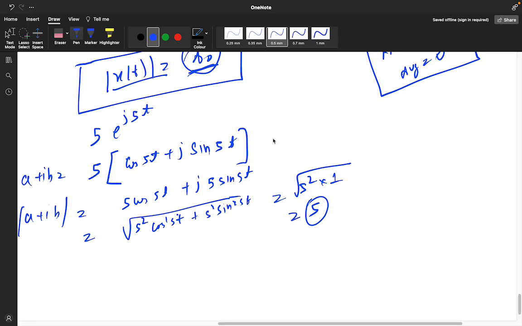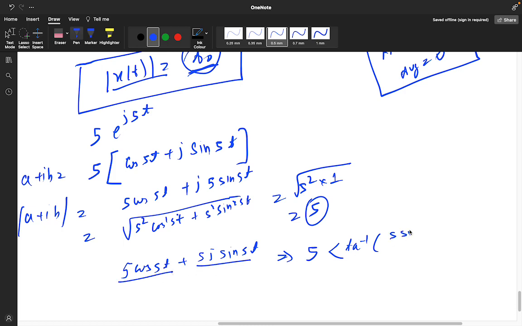So what I am telling, you have 5 cos 5t plus 5j sin 5t. So the mod value we got from here is 5. And what about the angle? Angle will be tan inverse b by a. So b is this and a is this.